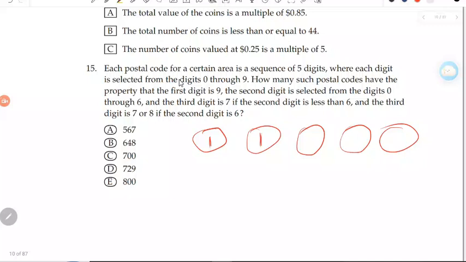And the second digit is less than 6, and the third digit is 7 or 8. If you have put 7 and you are saying 7 or 8, what is also remaining is again 1.